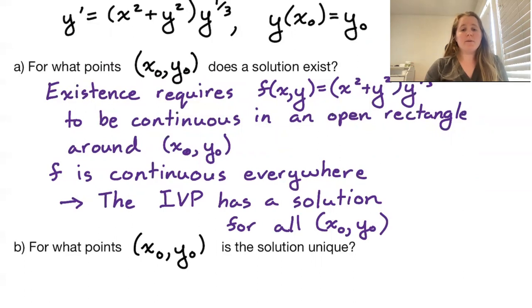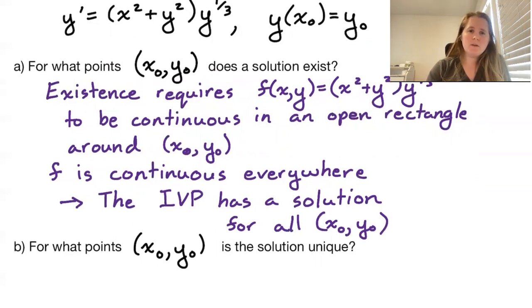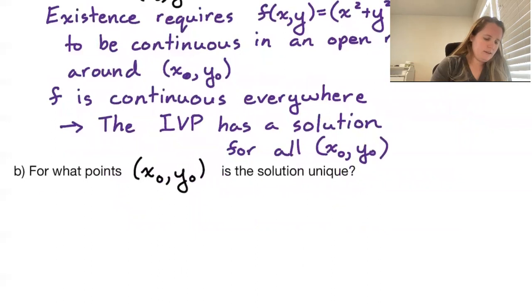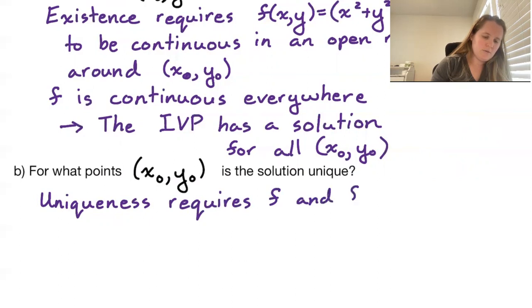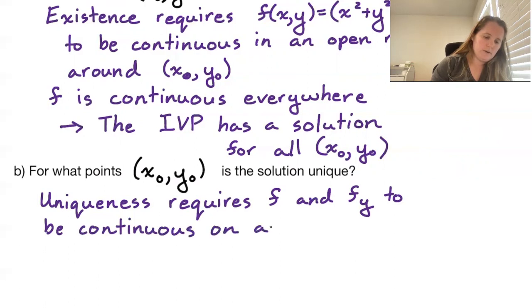Next up, we want to know where we have a unique solution. In this case, again, uniqueness requires f and its partial with respect to y to be continuous on an open rectangle around x naught, y naught.